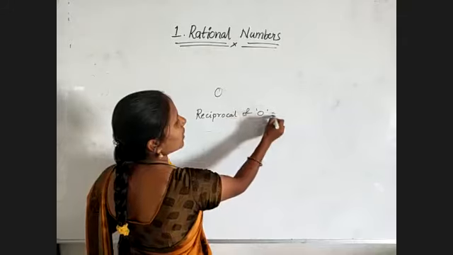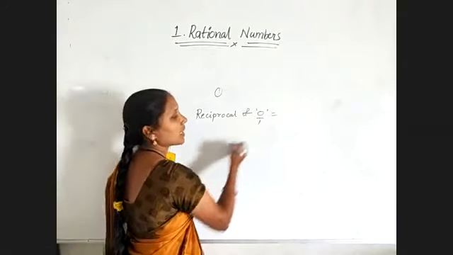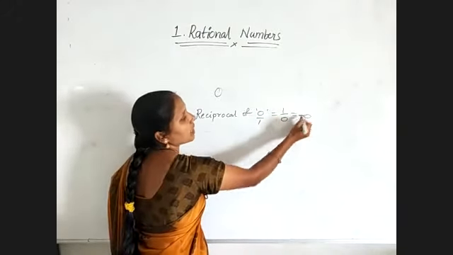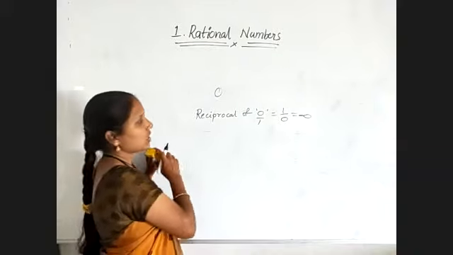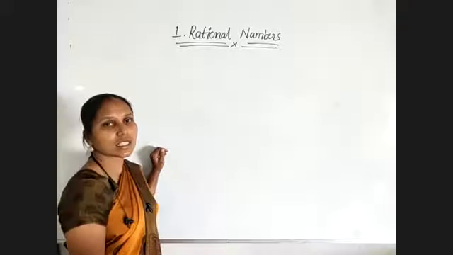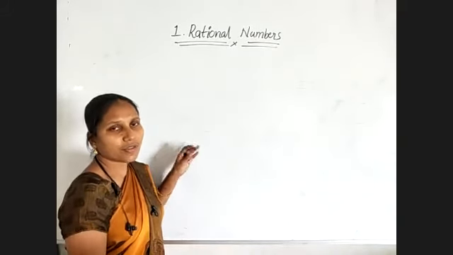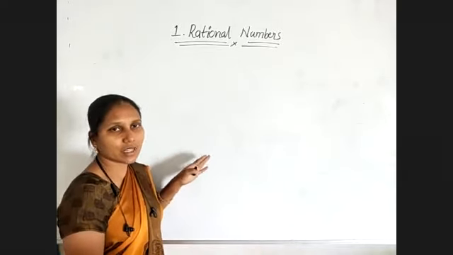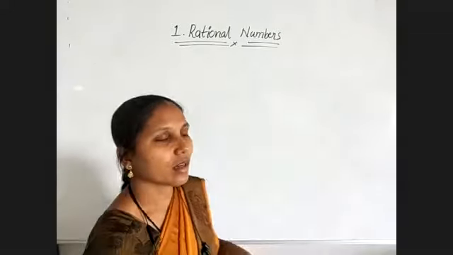The reciprocal of 0 is 1 by 0, because 0 by anything is 0 only. 1 by 0 is undefined, not defined. So how can we find this? That means the rational number 0 does not have a reciprocal. Not only the rational number, the whole number 0, natural numbers, integers. So 0 is the number which does not have a reciprocal.